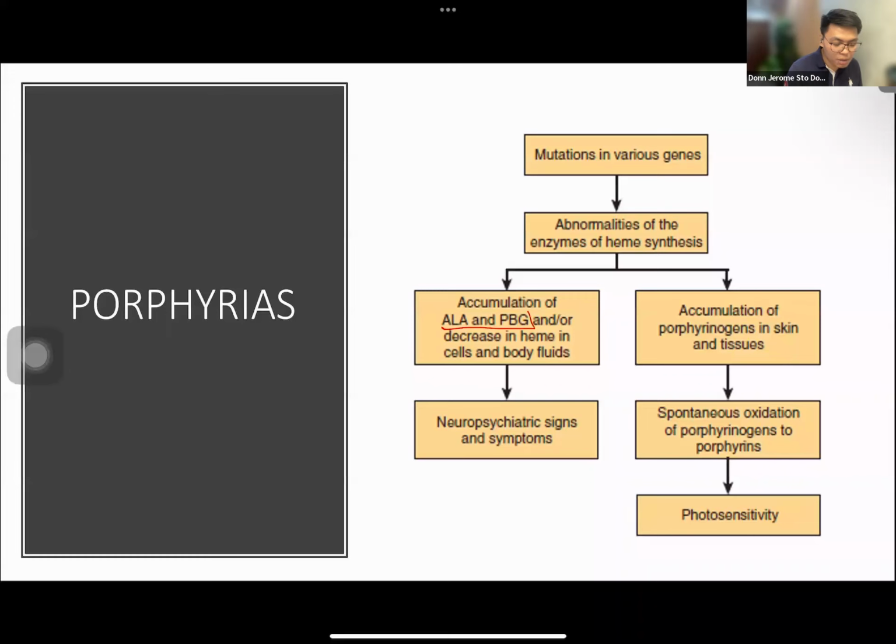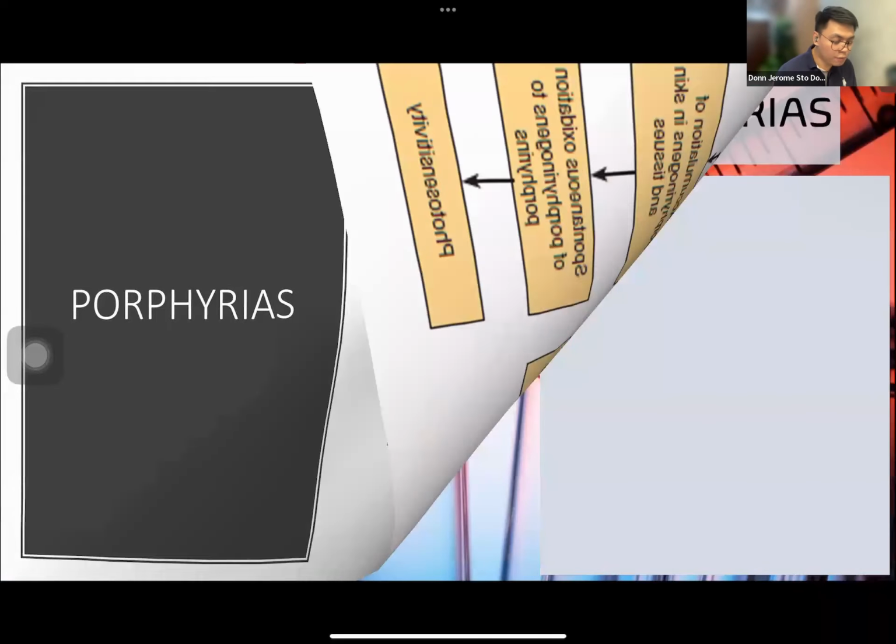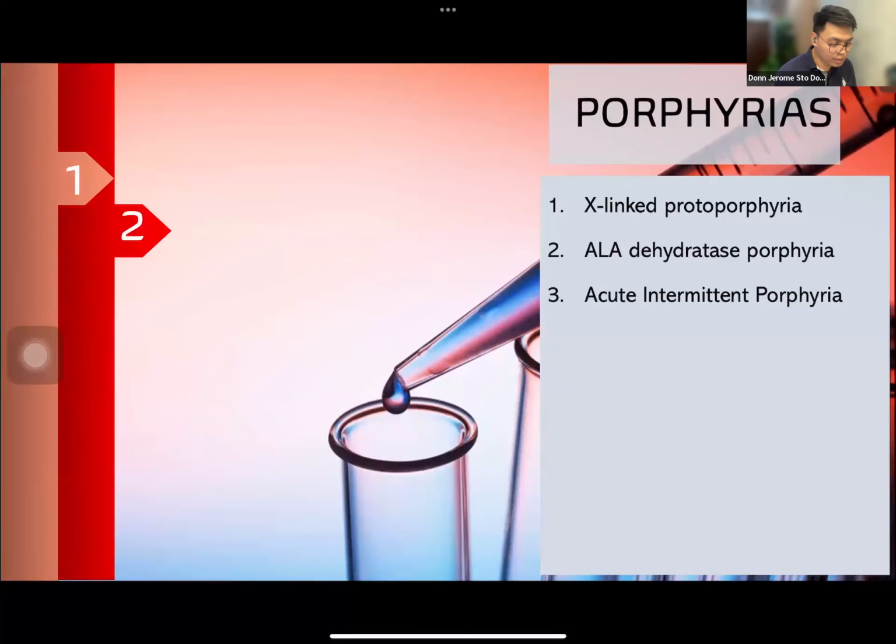When your ALA and PBG accumulate, what's the manifestation? Neuropsychiatric, neurovisceral. When your porphyrinogens accumulate, they can undergo spontaneous oxidation to porphyrins, leading to photosensitivity. Right? So let's now go to the different types of porphyrias.